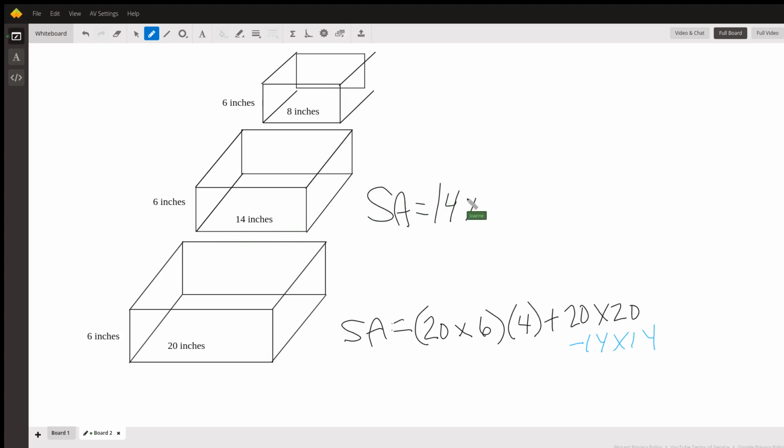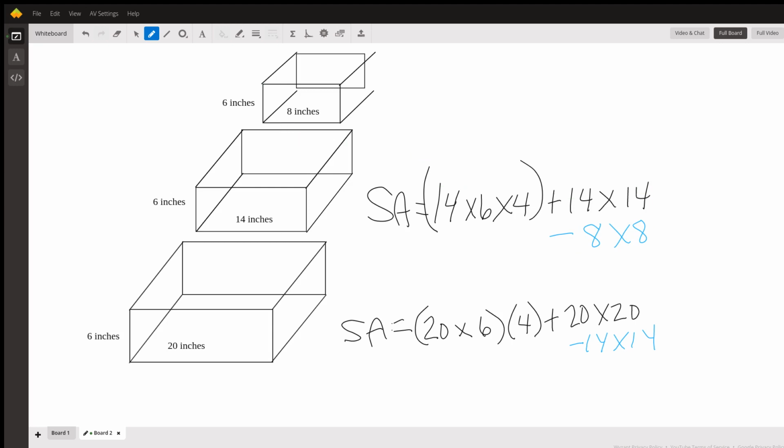So I'm going to do 14 by 6 times 4, because there's 4 of them. And then the top of this, again, is going to be the 14 by 14 minus the area of the 8 by 8 on top of it. So we're going to have a 14 by 14, and then we are going to subtract from that the 8 by 8 from the cake that's sitting on top.